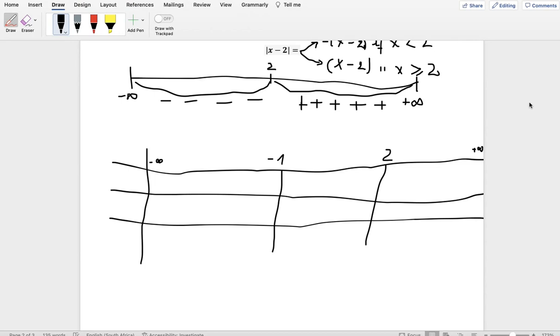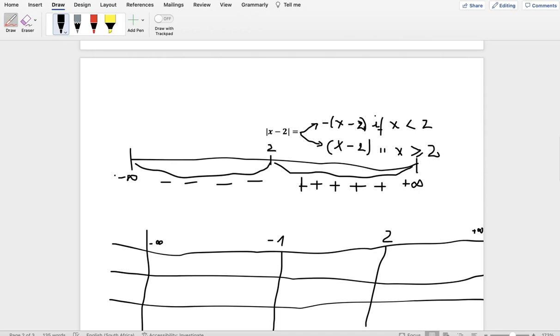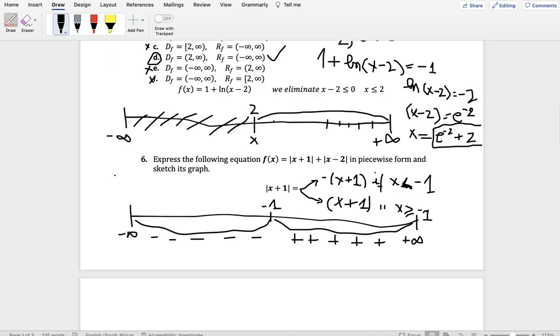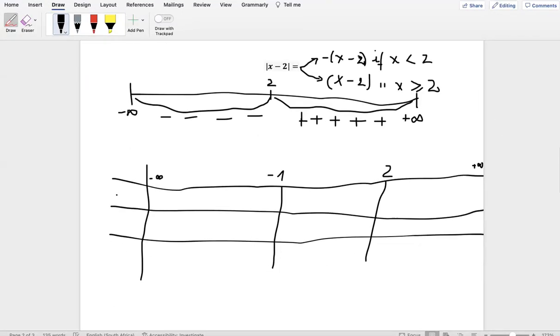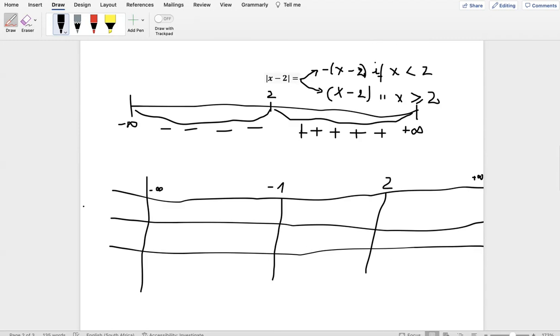And our first interval is x plus 1, right? So that's the first absolute value that we have.